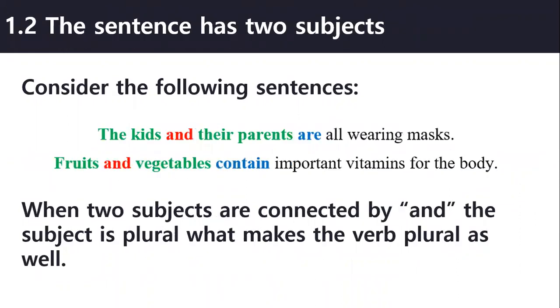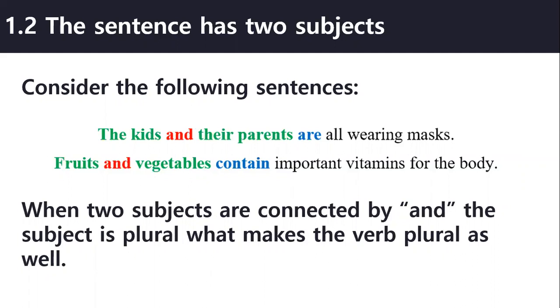The second case is when the sentence has two subjects. In the following sentences: the kids and their parents are all wearing masks. Fruits and vegetables contain important vitamins for the body.